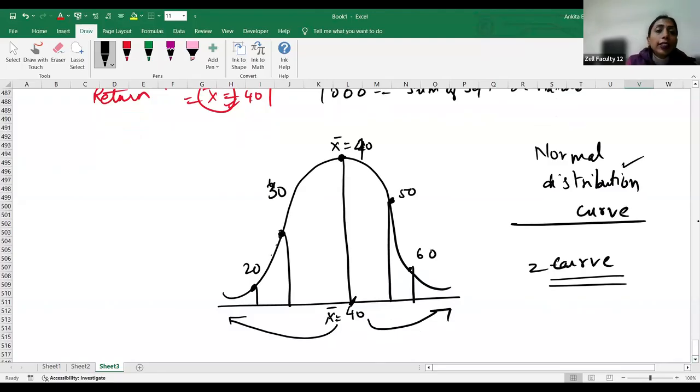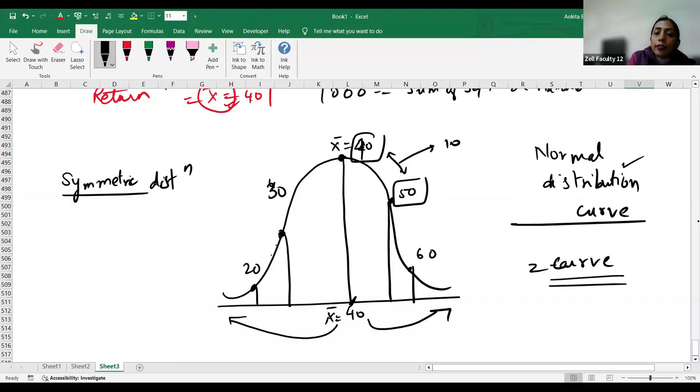So the Z curve says that generally all the values are symmetrically distributed. They follow a symmetric distribution, which means this is 40 and this is 50. The deviation between 50 and 40 is 10. Here also, this is 40, this is 30. The difference here is 10. Because the difference is 10, be it positive 10 or negative 10, it does not matter.